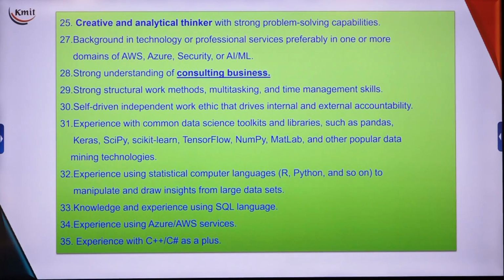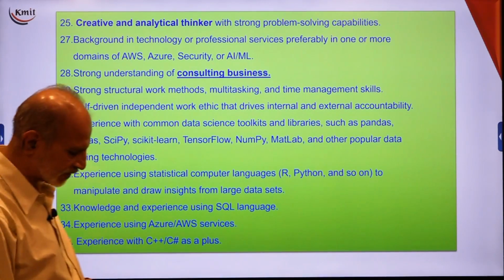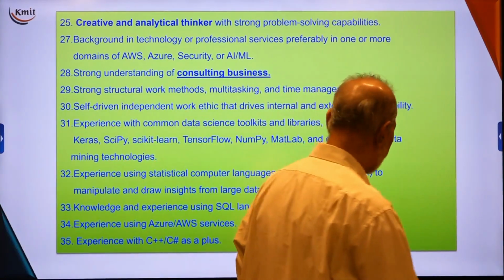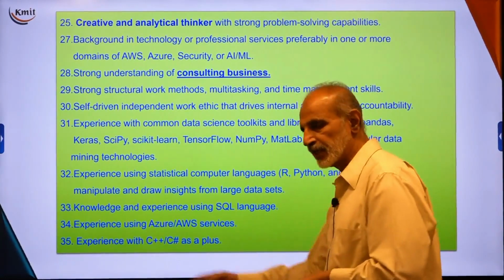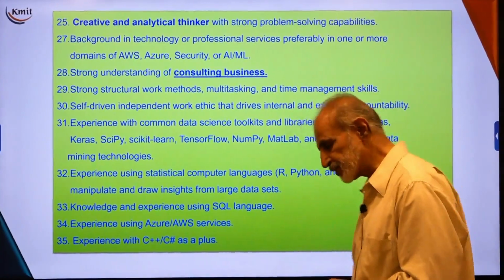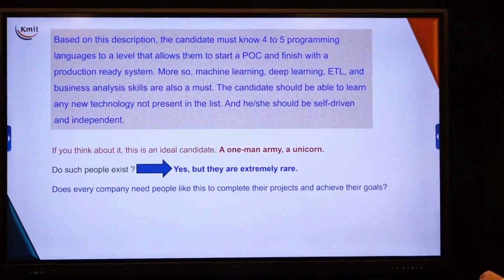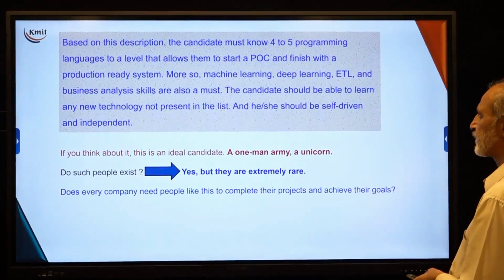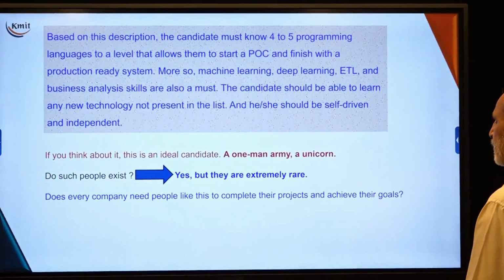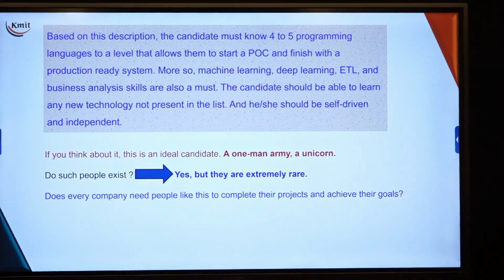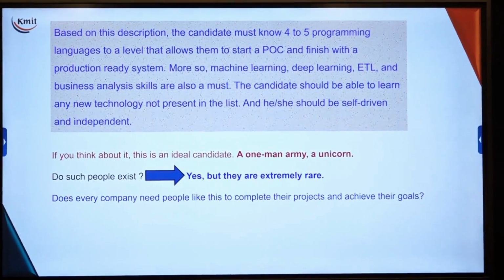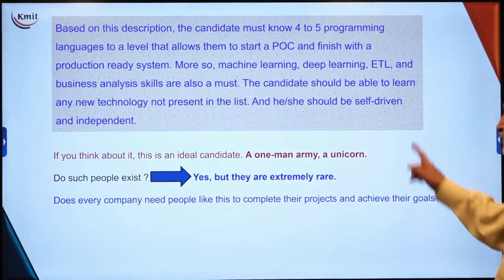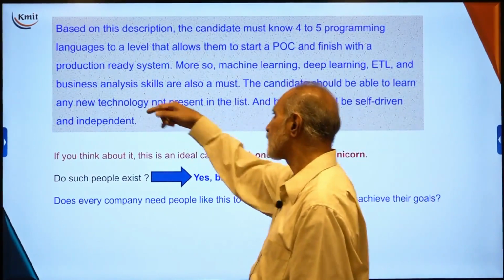Knowledge and experience using SQL, experience using Azure and experience with C++, or sometimes if you are doing an enterprise solution then you have to have a good knowledge of the C# language too. So, based on this description the candidate must know 4 to 5 programming languages at a level that allows a proof of concept to be converted into a finished product, and the finished product should be a ready system.